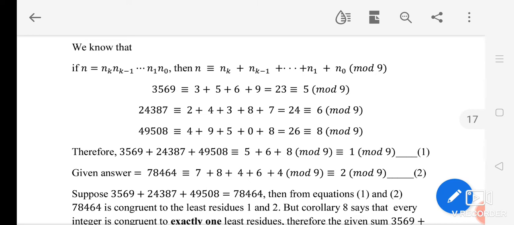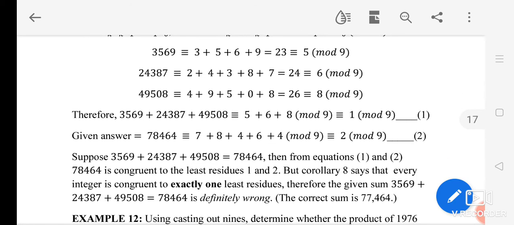Now we add all these three equations. So 3,569 plus 24,387 plus 49,508 is congruent to the sum of the least residues, 5 plus 6 plus 8, modulo 9. 5 plus 6 plus 8 is 19, and 19 is congruent to 1 modulo 9.